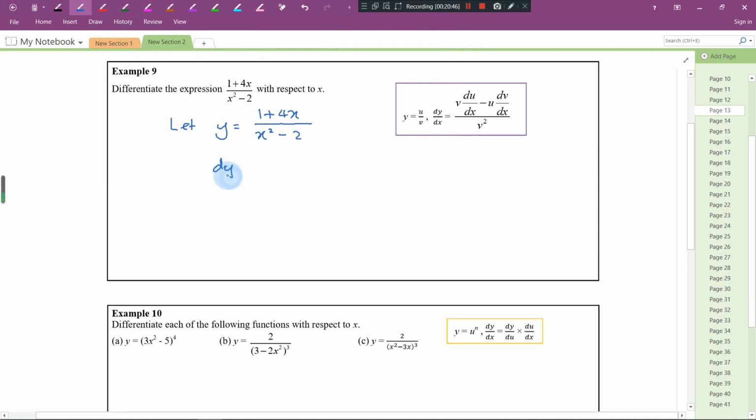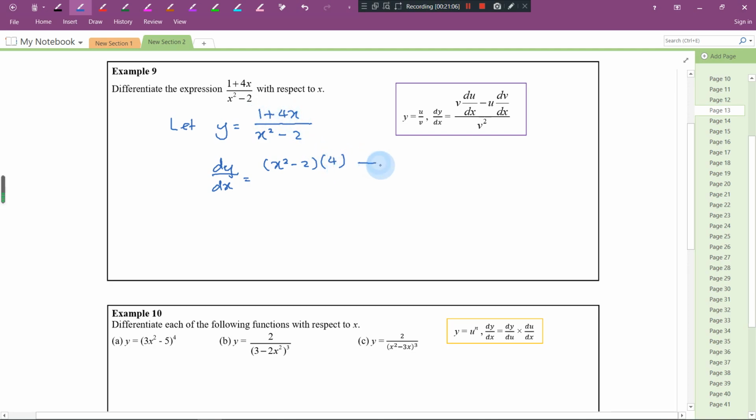Find dy/dx. I remember it this way: copy the denominator first, then differentiate this one. Differentiate this, you get 0. Differentiate this one, you get 4.